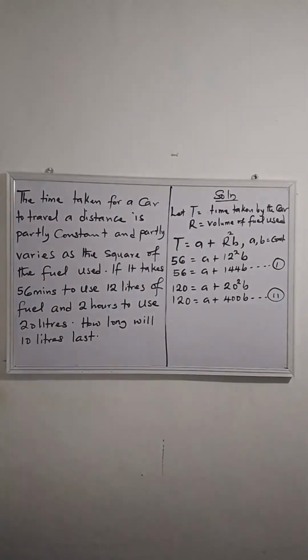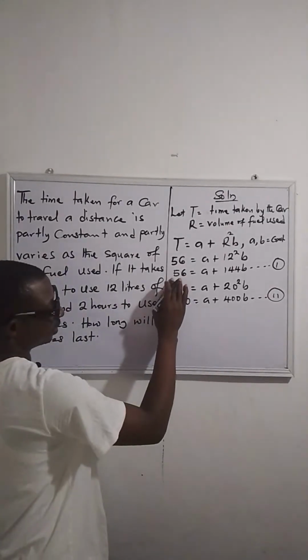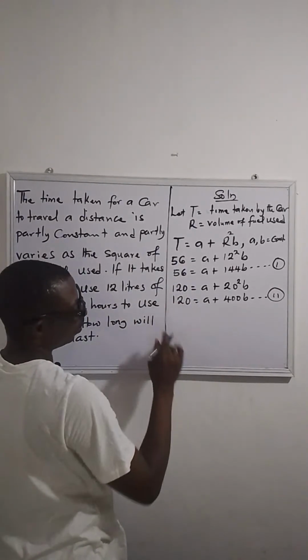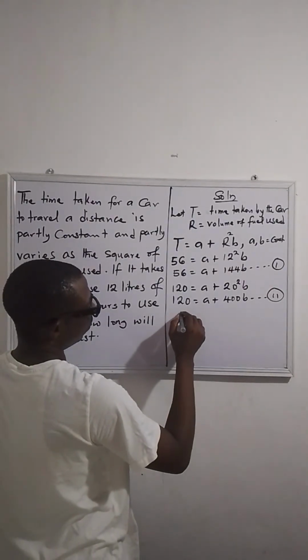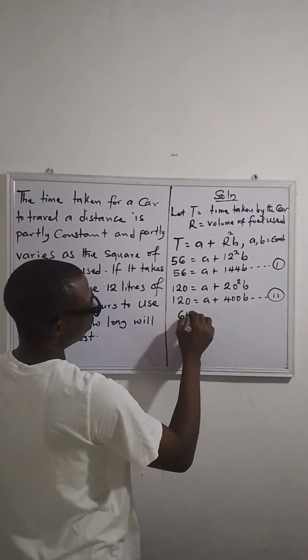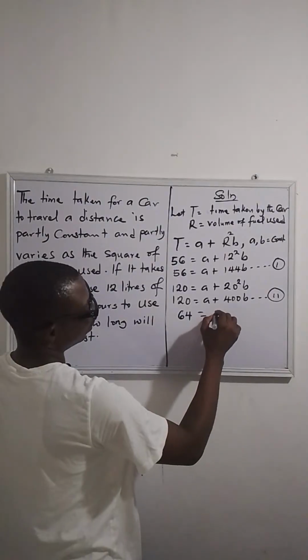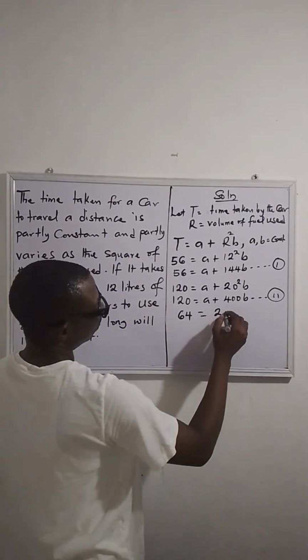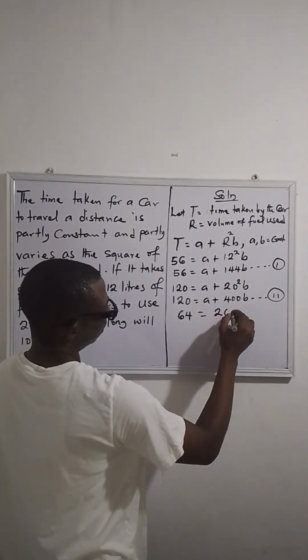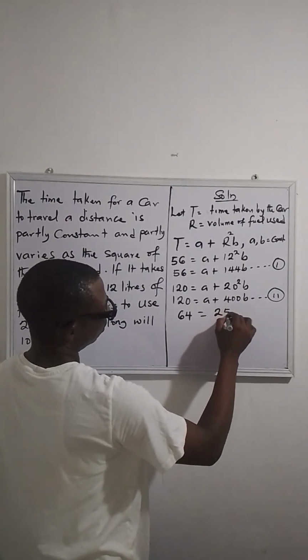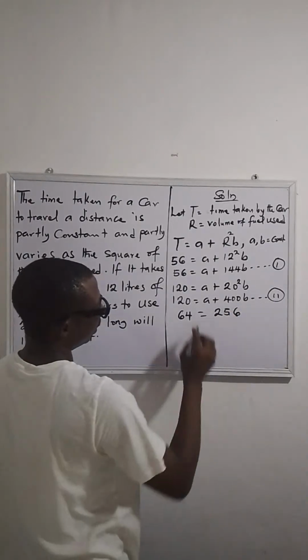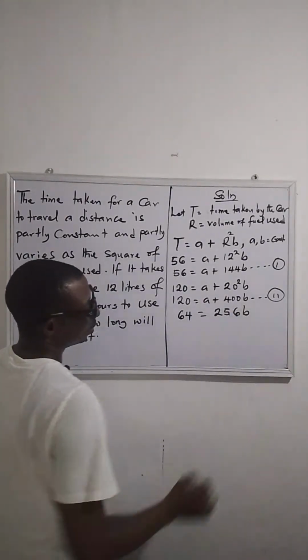Now we subtract one equation from the other. Subtracting 56 from 120, we have 64. And here we have 400 minus 144, which is 256B.